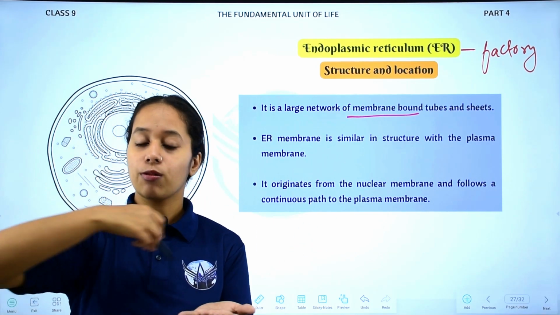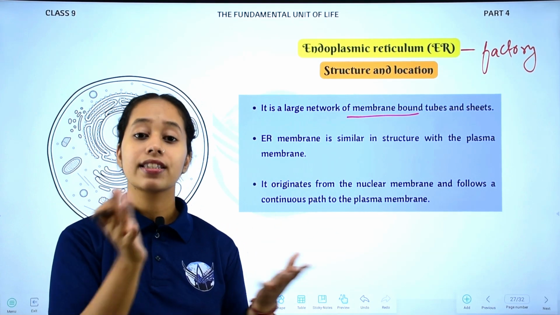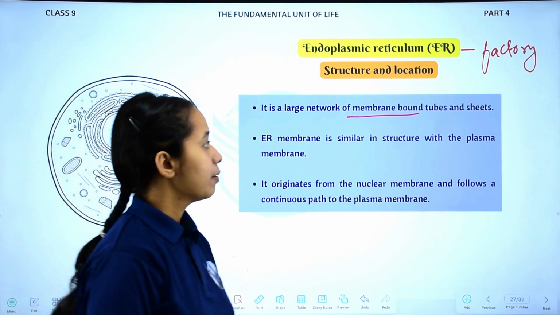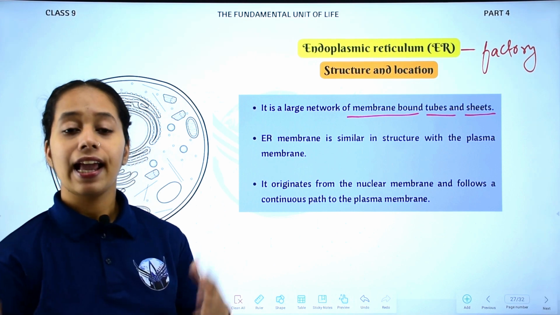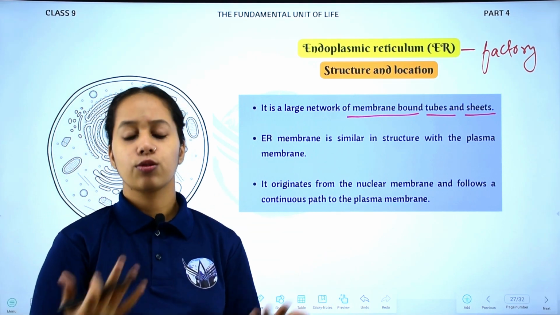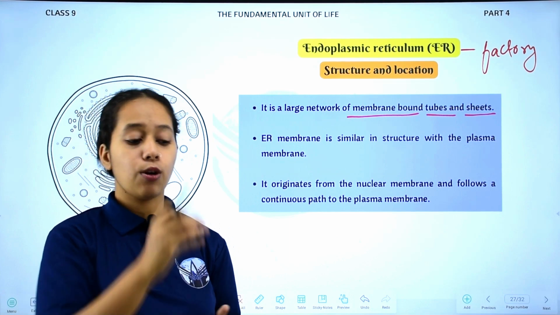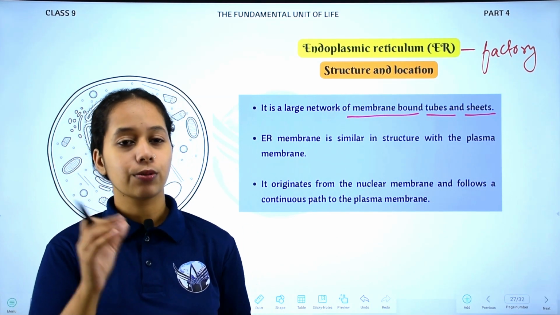A membrane surrounds the ER which separates the inside of the cell organelle and the outside of the cell organelle. There are tubes and sheaths connected to one another. They form a large network, and all these small tubes and sheaths are membrane bound, or covered with a membrane.